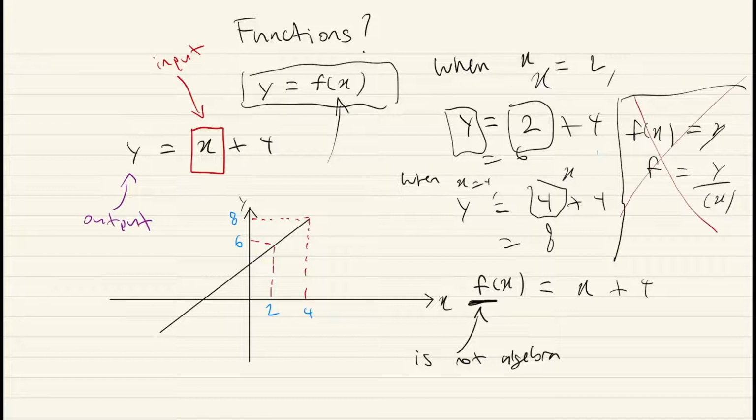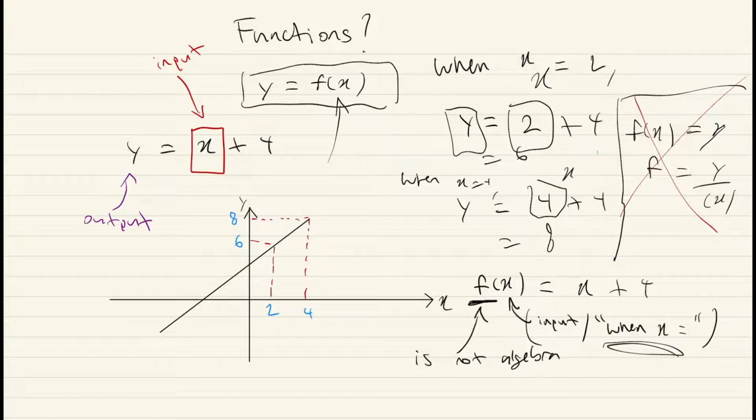This is completely wrong. f of x is just a way to represent that you want to put a certain input. So this is your input, or to make things more clear, it is your 'when x equals'.